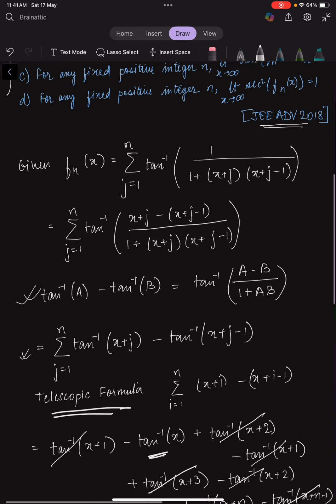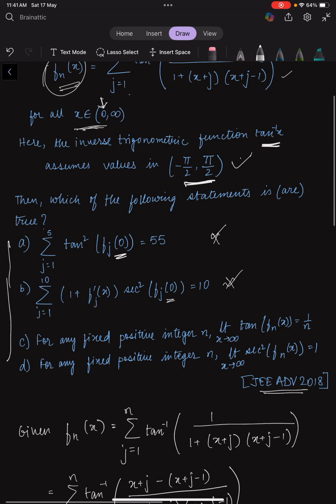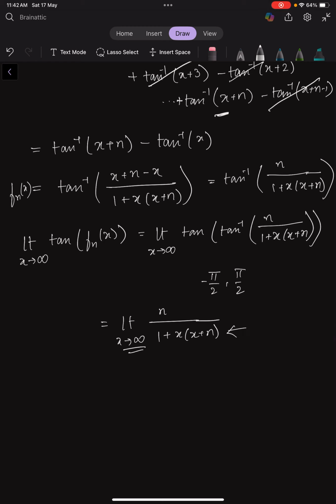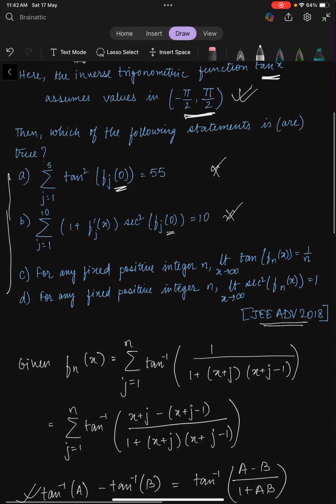Now my tan is correctly defined, so I don't have to worry about the argument. So tan is defined properly within minus pi by 2 to pi by 2, so I'm absolutely fine on that end. Otherwise that aspect had to be taken care of as well. So this is the limit as x tends to infinity of n by (1 plus x into (x plus n)). So if we see, x is tending to infinity and both the x's are in the denominator, there's a finite term n in the numerator, so this is obviously going to be equal to 0. So we see that option C is also not correct. So option A, option B and option C, all three are incorrect.